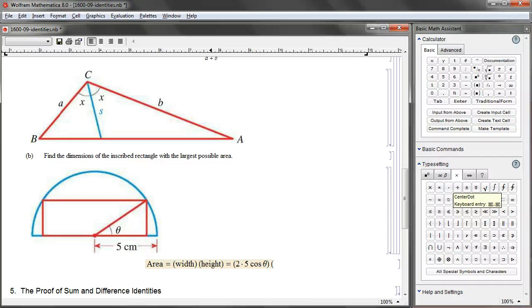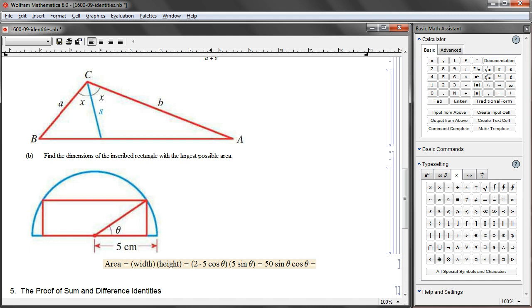Now, how about the height? It's going to be 5 sine of theta, because height is the opposite of this angle and the hypotenuse is 5. So what we get, 5 times 5 times 2, 50 sine of theta times cosine of theta. That is your area.